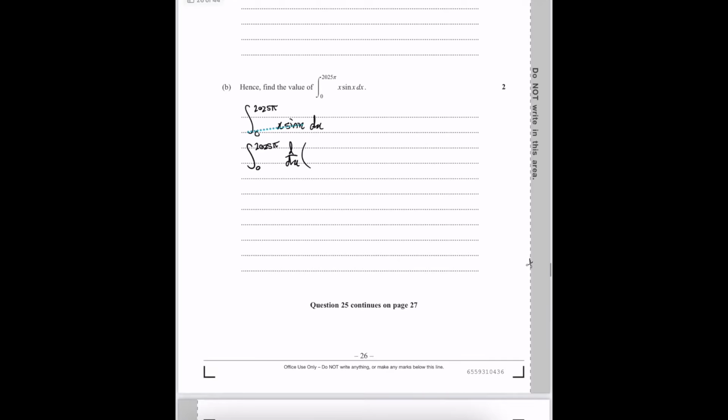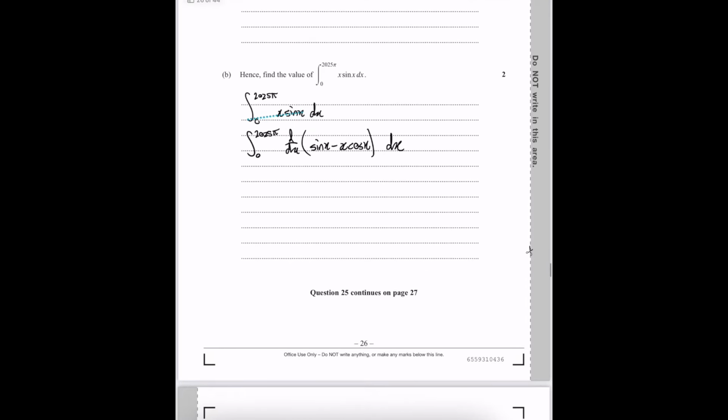Sine x minus x cos x dx. And if we integrate the derivative, essentially what we just end up getting is that function that's inside. So the integral of the derivative of sine x minus x cos x is just sine x minus x cos x, from 0 to 2025 pi.